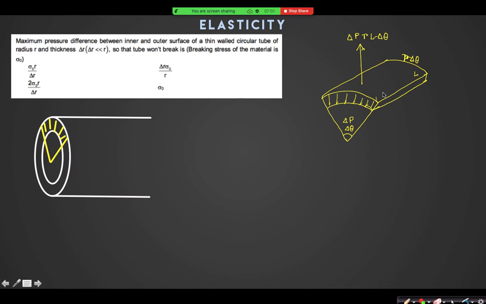Right? And what is the tension force? Where is the tension force acting? Can you see the tension force is acting tangential to this surface? They are actually acting from this side. Yes or no?